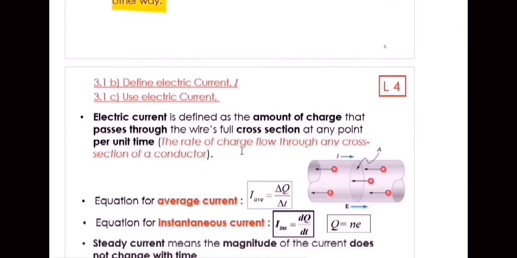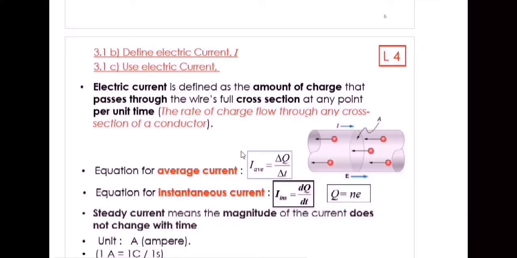The next learning outcome would be to define electric current. You should be able to define electric current and use it. Electric current is defined as the amount of charge that passes through a wire's full cross section at any point per unit time, or the rate of charge flow through any cross section of a conductor.